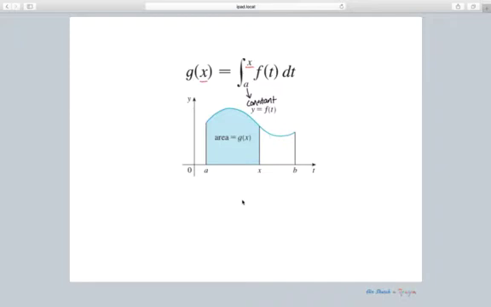So if this blue curve is f of t, then this is called an accumulation function because as we increase x, that's going to represent an increasing area under the curve f from a to whatever value we let x be. Okay? So let me show you this in an example.